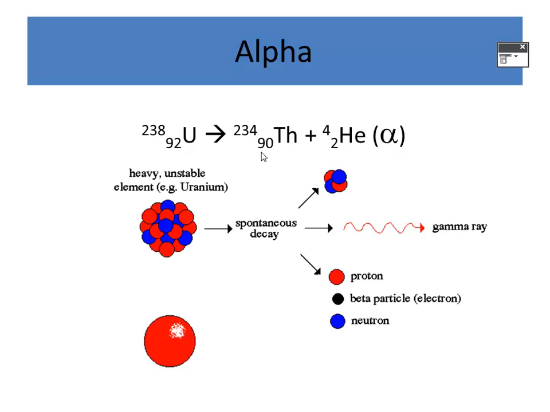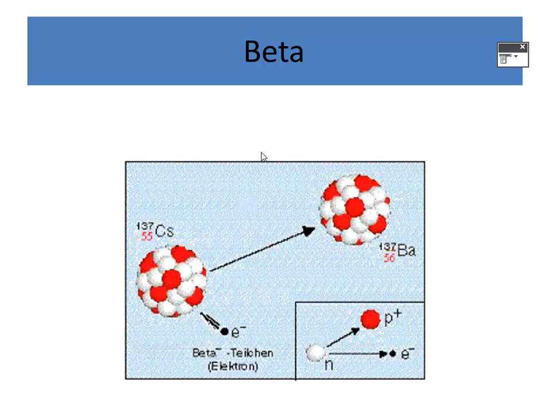Let's move on. A beta emission is when you have a neutron inside the atom that changes to a proton, and it gives off an electron. Because actually, interestingly enough, protons and neutrons are made of other stuff too. They're called quarks.